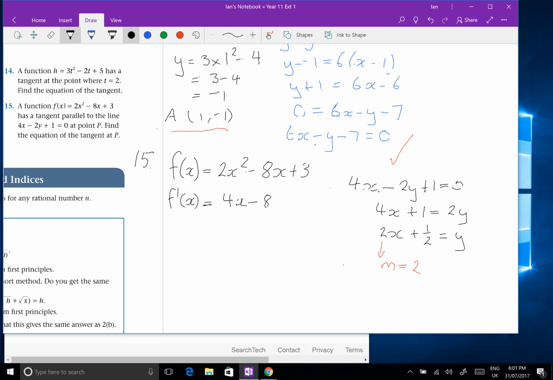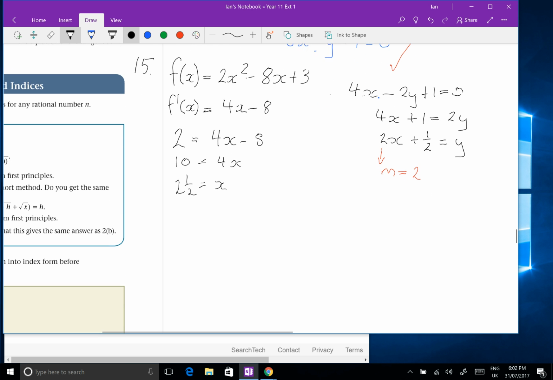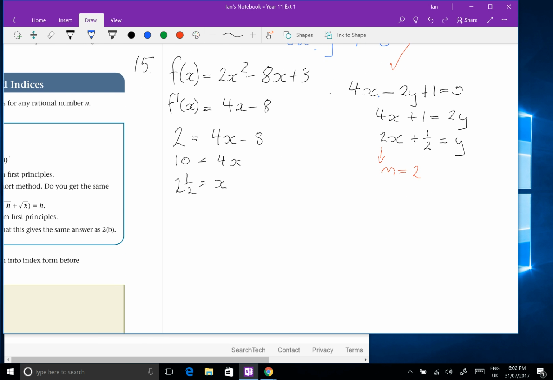If the gradient of the tangent is parallel to that, I put 2 in for the gradient and I get 4x minus 8. I add the 8 over. 10 equals 4x. Divide by 4, 2.5 equals x. So we've got a few fractions, but that's not a biggie.